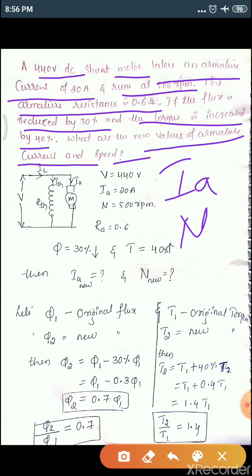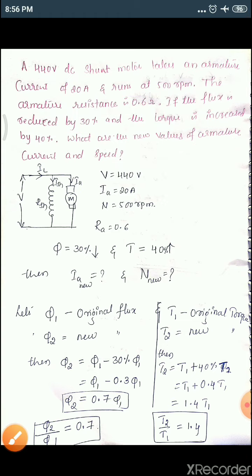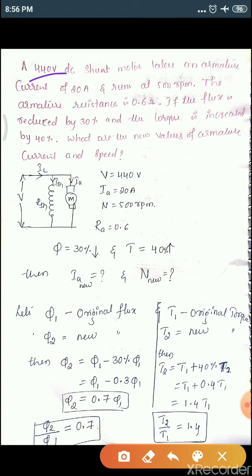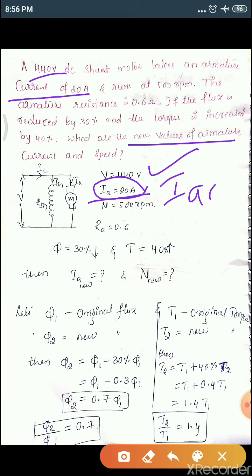To calculate that, let's collect all the data they have given. 440 volt supply they have given, so V is equal to 440 volt. The DC motor takes an armature current, that is I is equal to 20 amperes. Remember, they have asked us to calculate a new value. Therefore, whatever value they have given, you have to consider it as the old value. Runs at 500 rpm means speed they have given, so n is equal to 500 rpm.